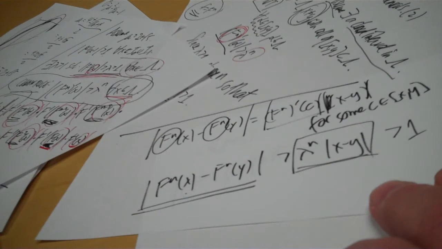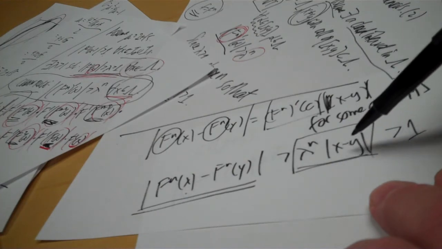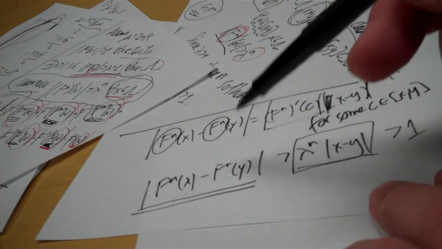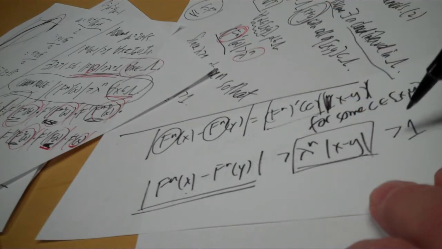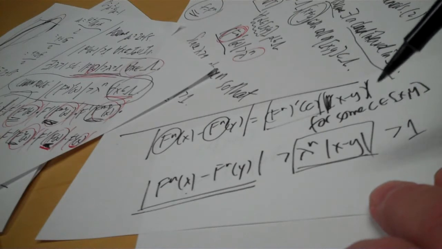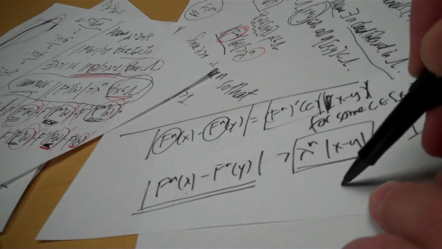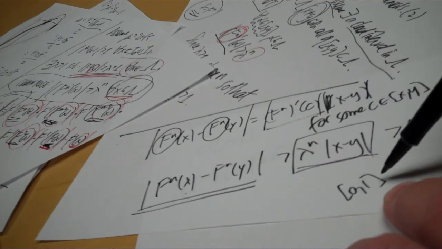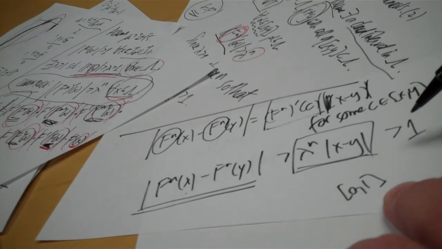After we start with x and y within lambda and iterate the function n times, their distance apart is greater than 1. That means at least one of them has to be outside our interval 0, 1, because if they're more than 1 unit apart and one is inside, the other has to be outside. And that's a contradiction.